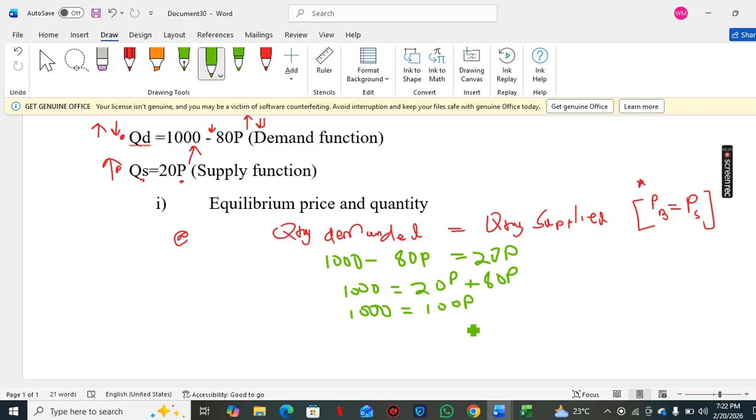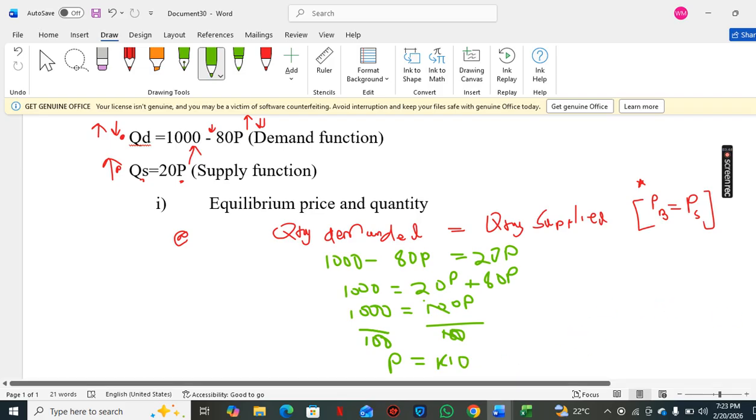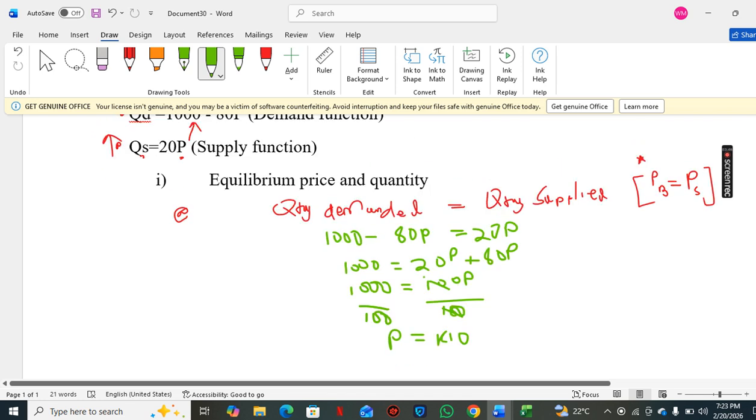We get the value of p, which is our equilibrium price. We divide both sides by 100. 1000 divided by 100, you get 10. So that is our equilibrium price, 10 kwacha. Any questions, colleagues?